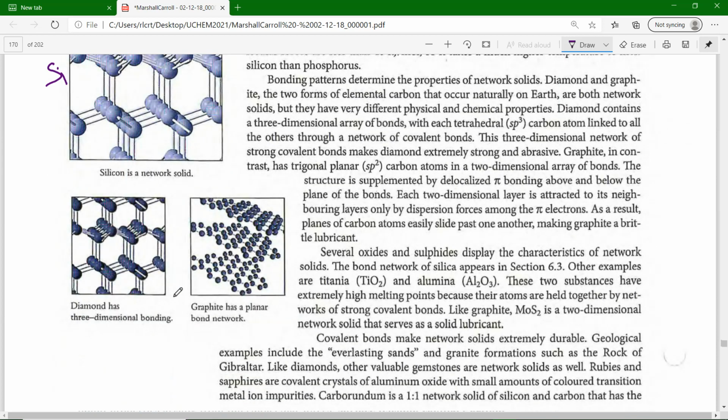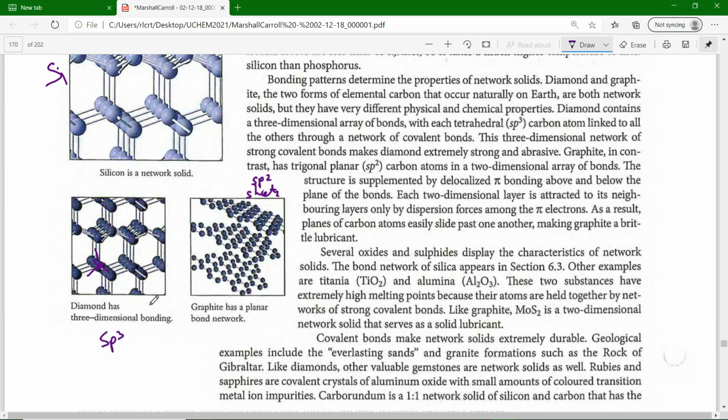Diamond and graphite, the two forms that occur naturally on Earth, are both network solids, but they have very different physical and chemical properties. Diamond has three-dimensional bonding, and it's a network solid. I mean, graphite is too, but graphite has these sheets, and the carbon's sp2 hybridized.